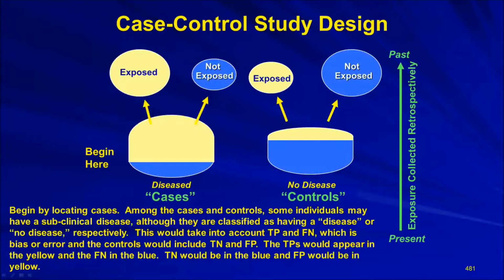This just shows you in a graphic way pertaining to a case control how you can have what? We can have true positives, and what would this be? False positives, and this is true negatives and false negatives. Okay?